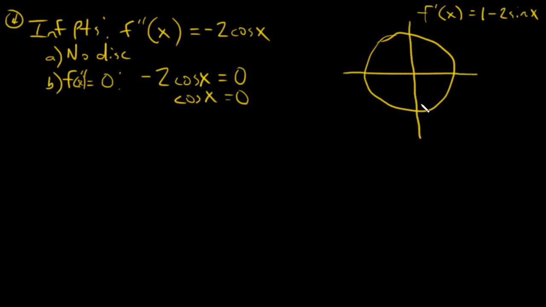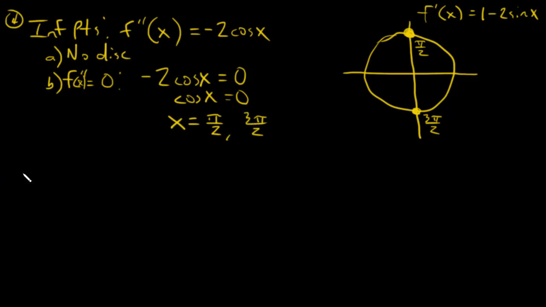So when are the x values equal to 0 on this unit circle? Well, they're right there at pi over 2, and right here at 3 pi over 2. Alrighty, so my x values for my inflection points are at pi over 2 and 3 pi over 2.